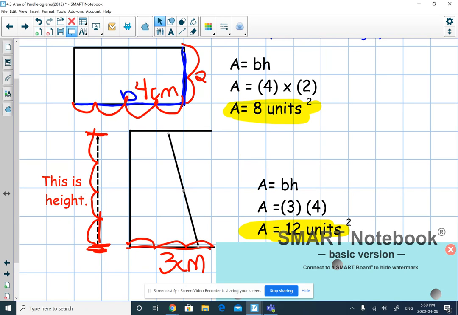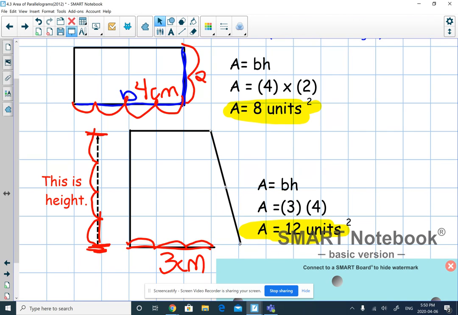That's why it's so important that we take the height straight up and down. Even when it's shifted at an angle, we look at the distance straight from the bottom to the top.